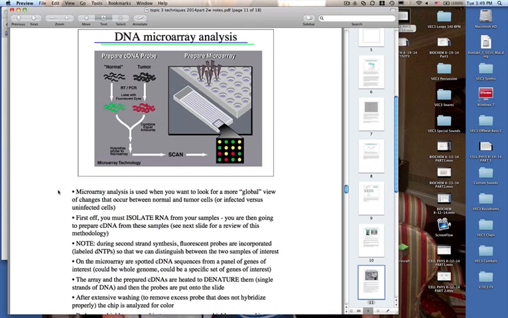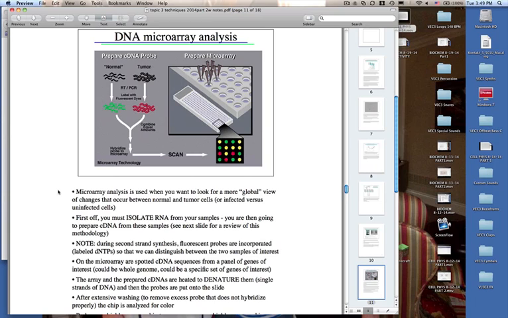One's labeled with green, one labeled with red. Smack them together, right? Equal parts, tumor, normal. We can mix them together because they're all equally labeled in terms of their cDNA content. Right? Each strand of cDNA is labeled. Okay? So now we do that.